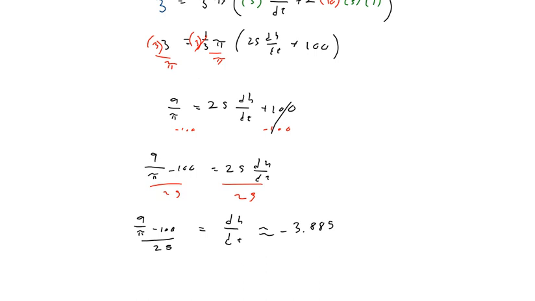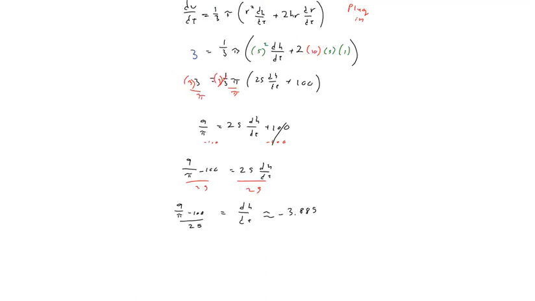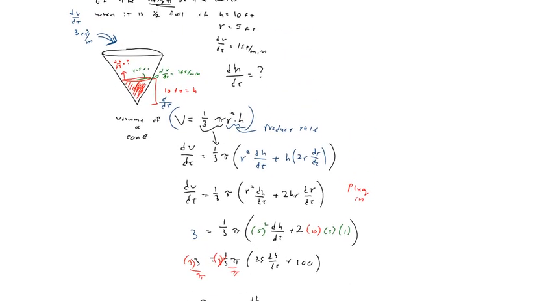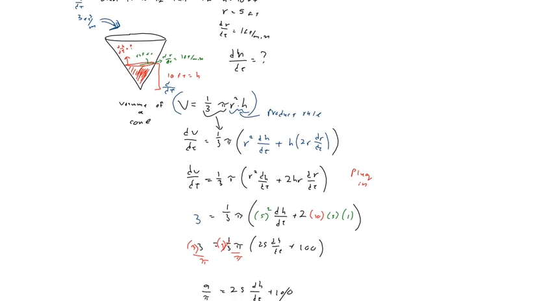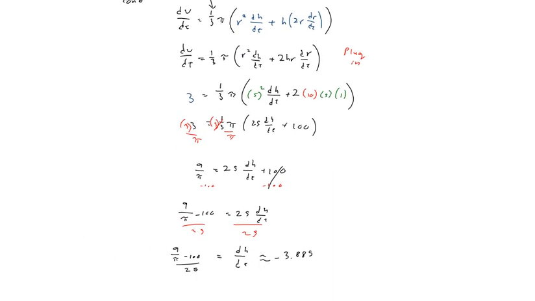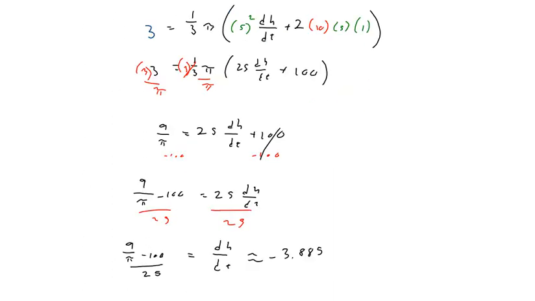Let's go back and look at what units we started with in the problem. What units do we have? Feet per minute. Yeah, so it looks like it's going to be feet per minute. Everything's in feet and minutes. So negative 3.8 feet per minute.